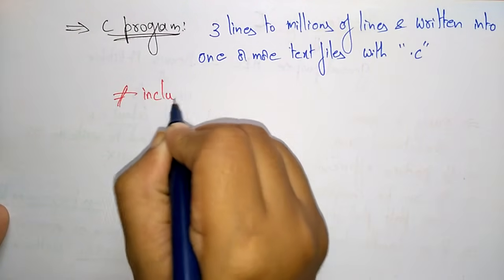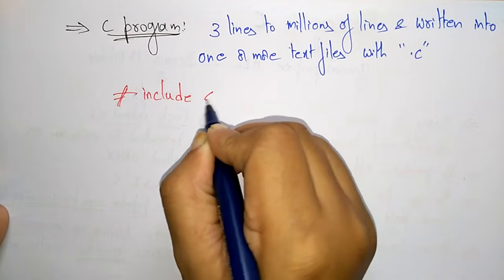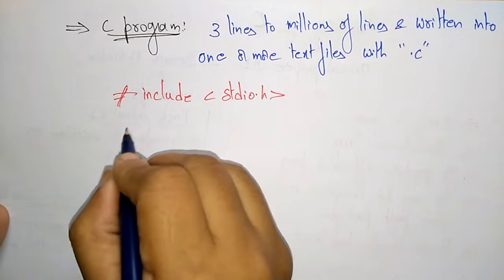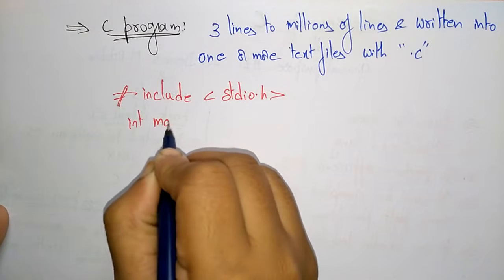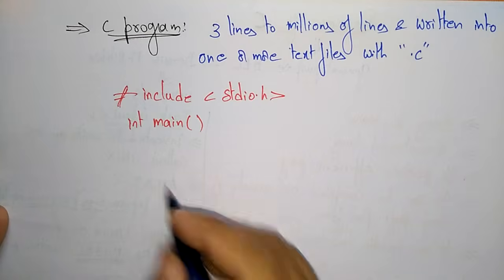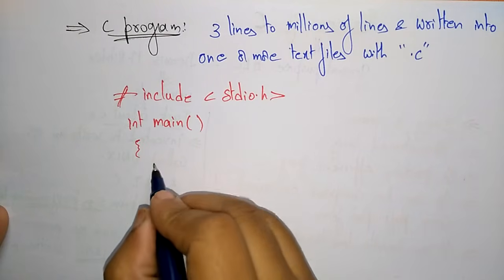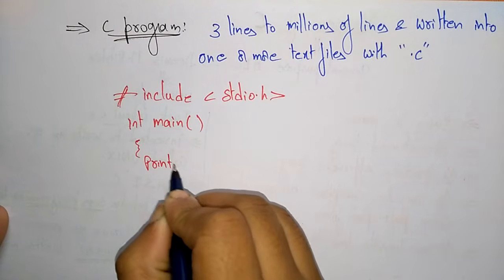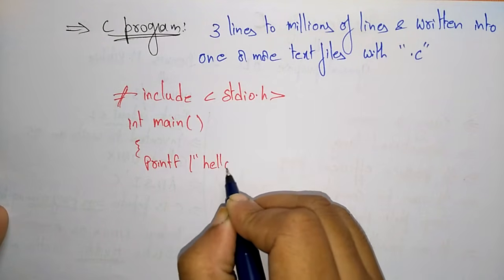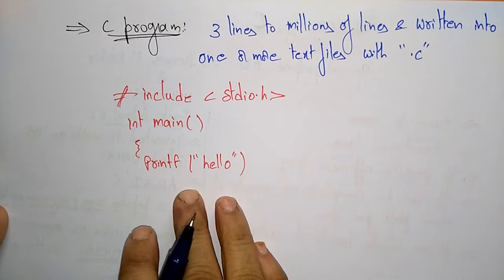So include stdio.h, okay, int main. Let us take a series of statements. Let us here take the printf. So here you can declare the variables or initialize the variables, and you write the functions in the main program.